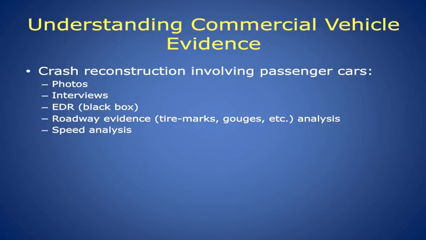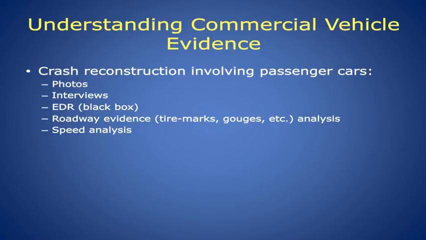Difference between investigating or reconstructing a commercial vehicle crash and a passenger car: a lot of similarities. Photos, naturally, you're going to take photos in both, and get photos from witnesses. Interviews, similarly, you're going to interview the witnesses, again, sooner rather than later.